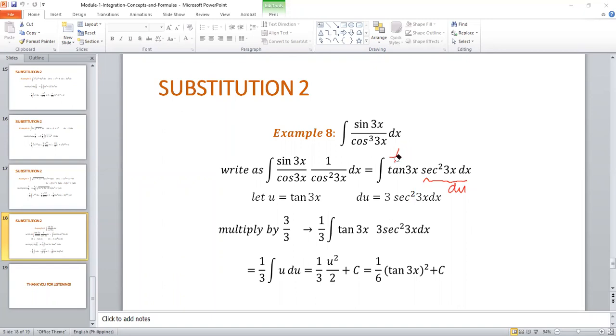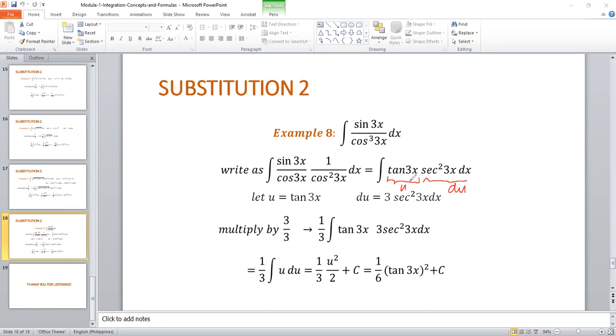That way you will see that your original function is the tangent 3x. The derivative is the secant squared of 3x dx. So I will have this entire thing as the u. So this is the du.